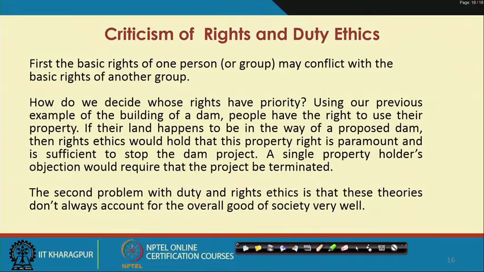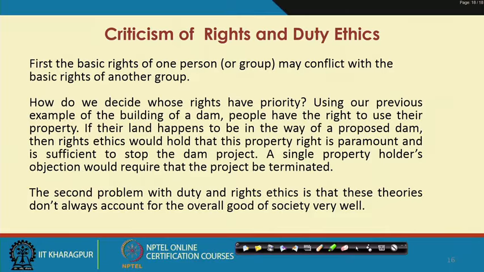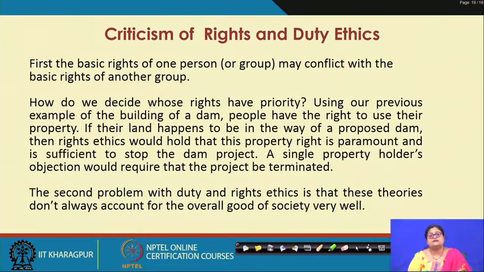There will come the compensatory justice, which should be equivalent to the value of the property and the loss that the person is incurring due to the project. So that will bring us into the discussion of the fairness of the process and the fairness of the distribution.